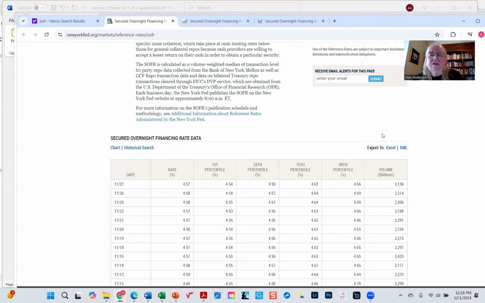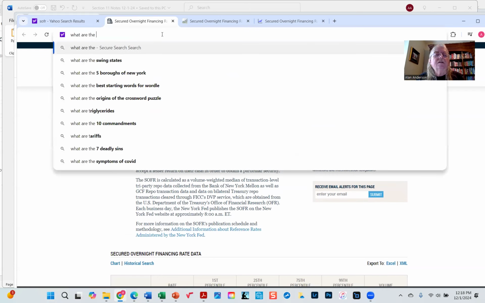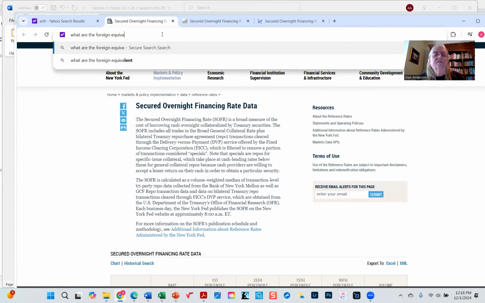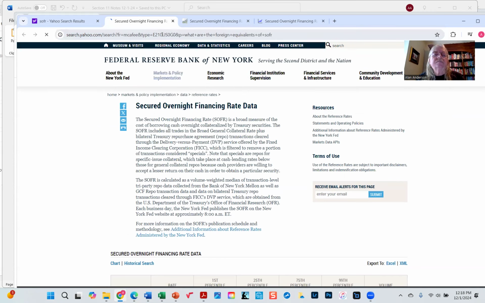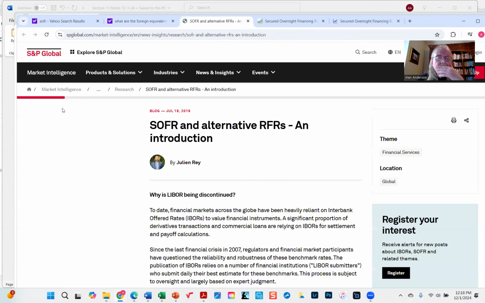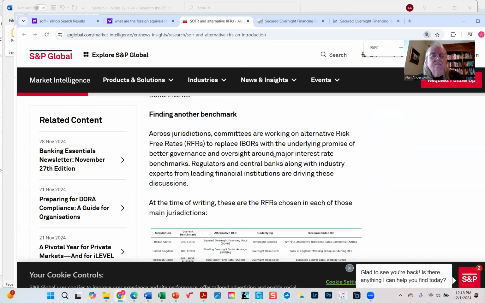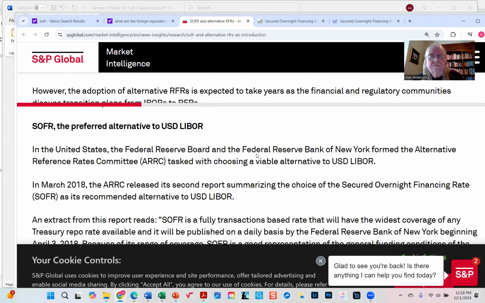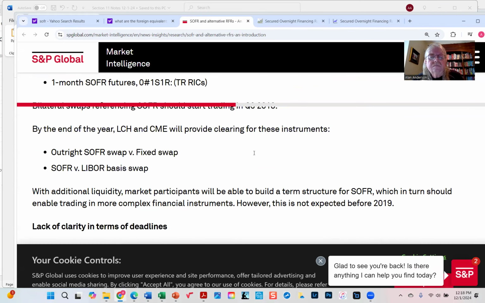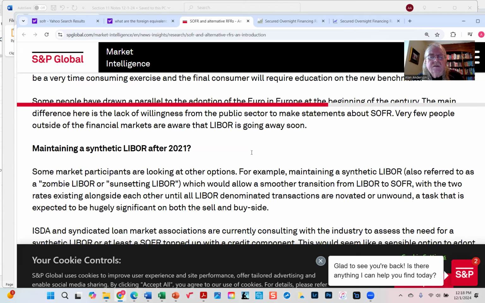And then again, every other country in the world has their own equivalents. In fact, maybe we can look them up. What are the foreign equivalents? SOFR. Oh, here we go. Uh-oh, what happened?